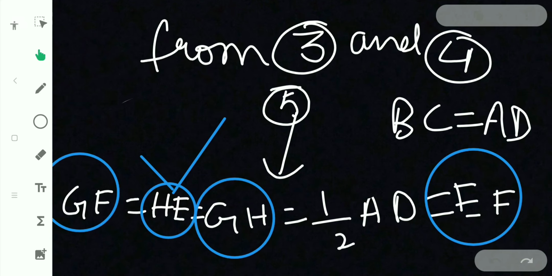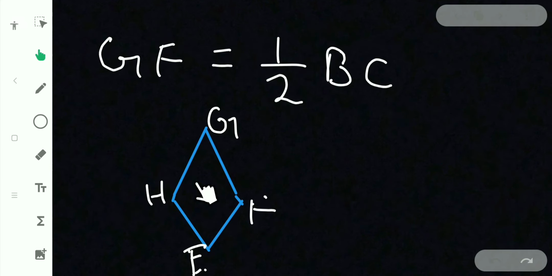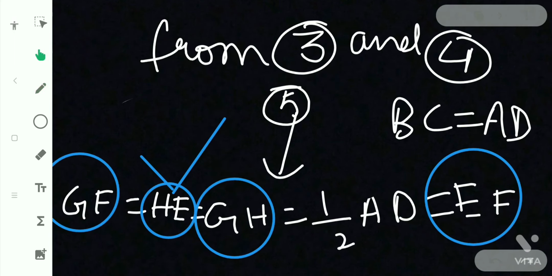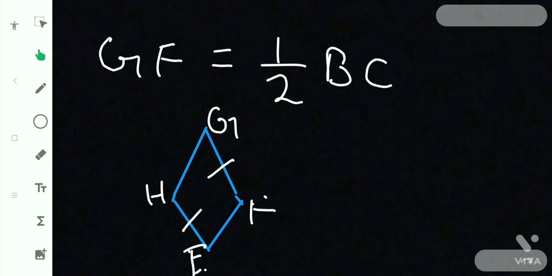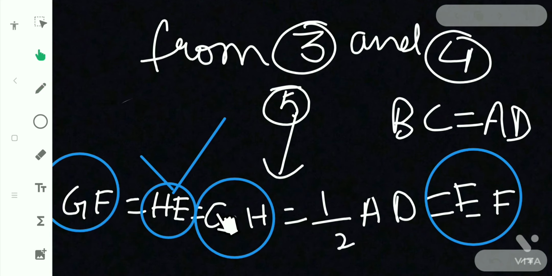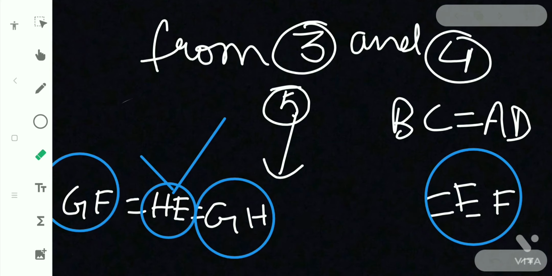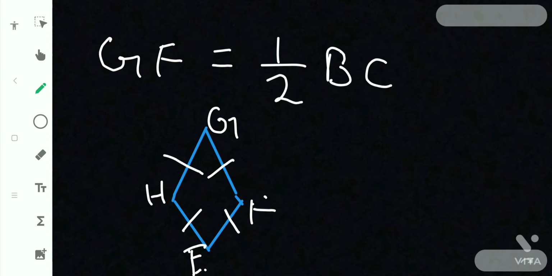GF is equal to HE, and HE is equal to GH, and GH is again equal to EF. Just ignore half of AD is equal to EH. You are having EH. All the sides are equal.